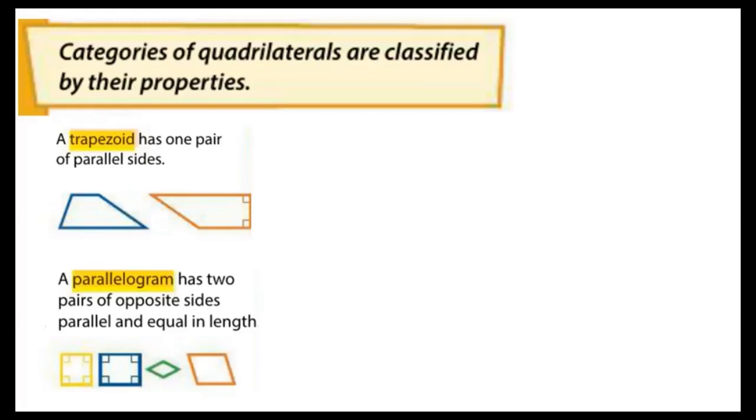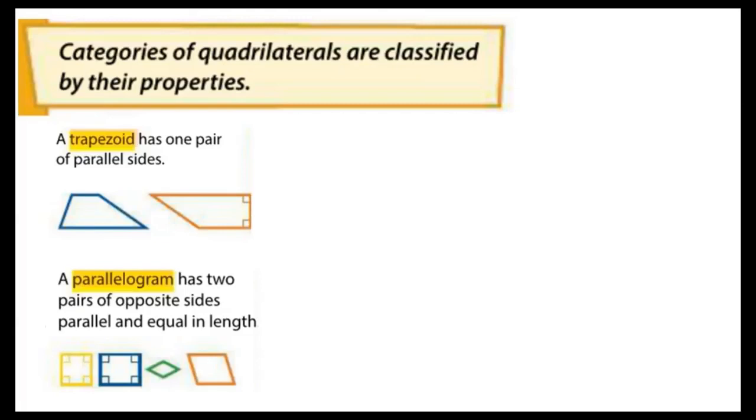We will find that the difference is that a parallelogram has two pairs of opposite parallel sides, but a trapezoid has just one pair. In a parallelogram, each two corresponding sides are equal in length. This is a must in a parallelogram, but in a trapezoid, no sides need to be equal in length.